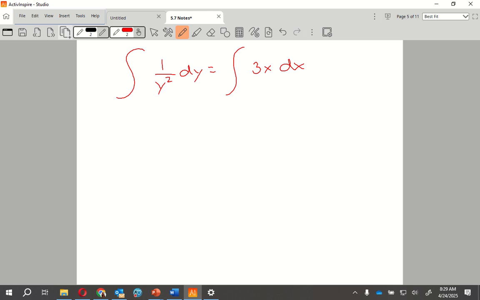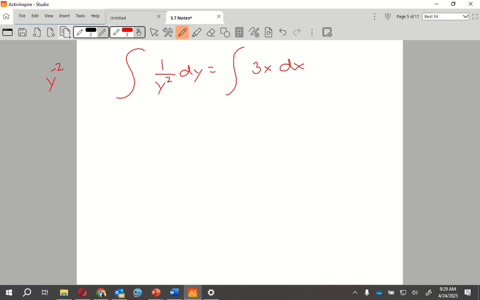Anyway, so not really focusing on or caring about what we're doing here, right? Okay. All right. So that being said, let's go ahead and integrate this. But before I do that, I'm going to rewrite this. So this one right here, I'm going to say that is going to be y to the negative 2, right? So if I think about it as y to the negative 2, I can integrate it a lot easier.